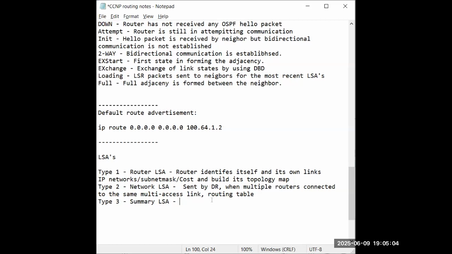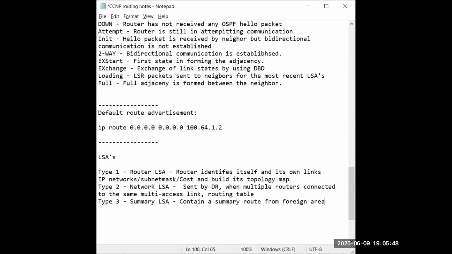It is going to summarize the active networks from a different area, the networks from the foreign areas. So it's going to contain a summary route from the foreign area.